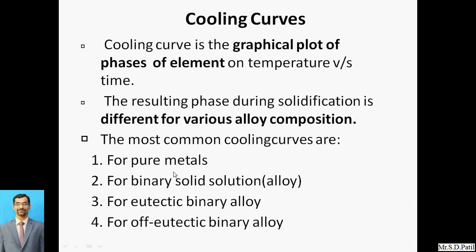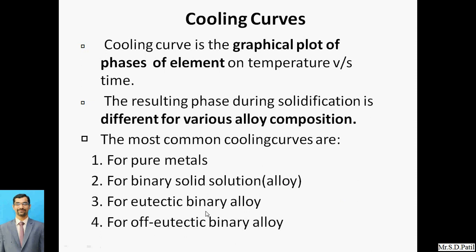One is for pure metals, second for binary solid solution, that is an alloy in which two metals are combined, that's why it is called an alloy, and that's why it is called binary. In a pure metal only one composition, a single material, is there.